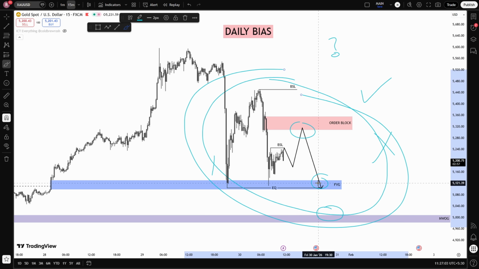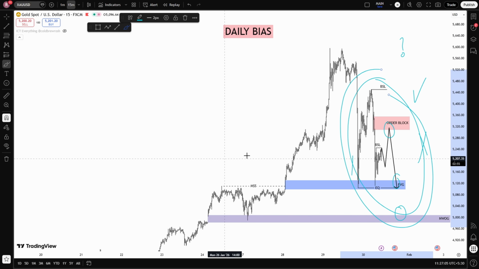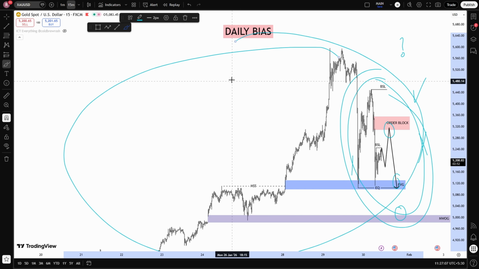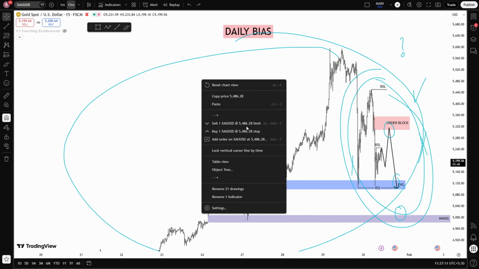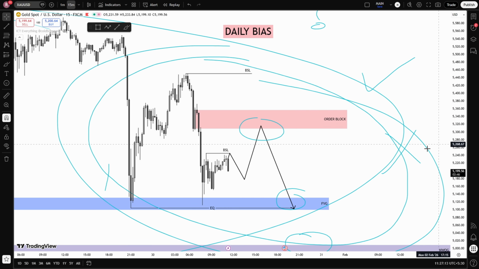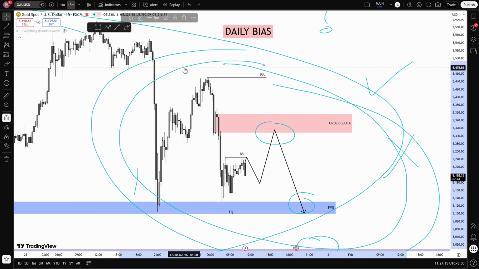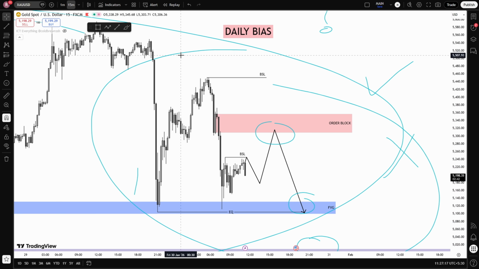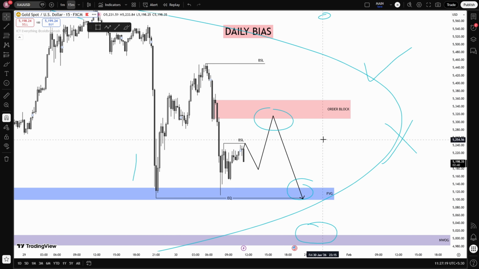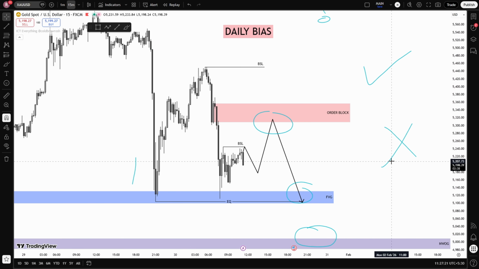Like I said earlier, our job is not to predict what the market will do all day. Our job is to react when the market clearly shows us what it wants to do. Once you understand that mindset, trading becomes much calmer and much more consistent. So without further delay, let's jump straight into the process and break it down step by step.